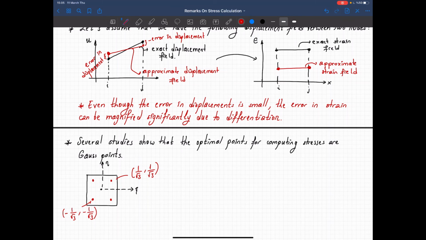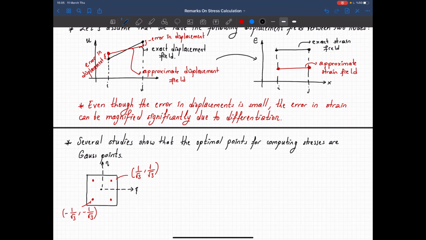But of course, calculating the stresses at the Gauss points is not practical, because when you look at the mesh of a structure, you don't really know where the Gauss points are. So you really want to calculate the stresses at the nodes.